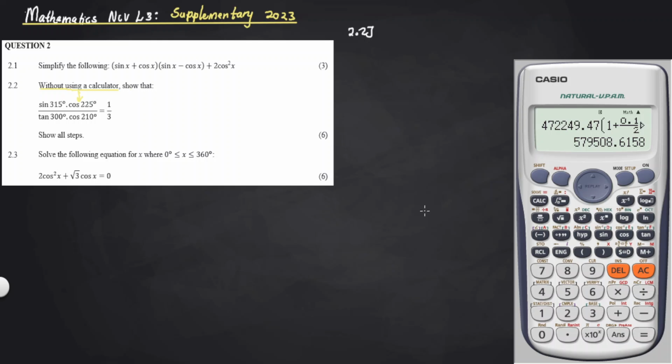Now let me show you how you lose marks on such questions for a whole 6 marks. Come on, guys. You need to simplify the left hand side in this instance. Left hand side, I'm gonna write it here. I'm gonna show you how you lose marks first, then we simplify step by step.